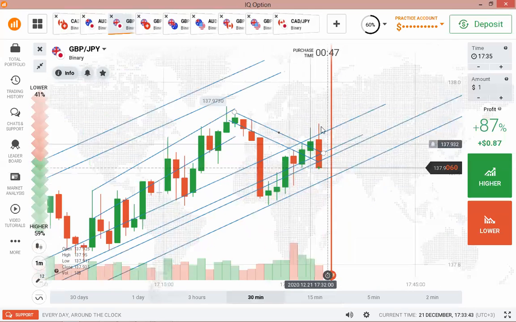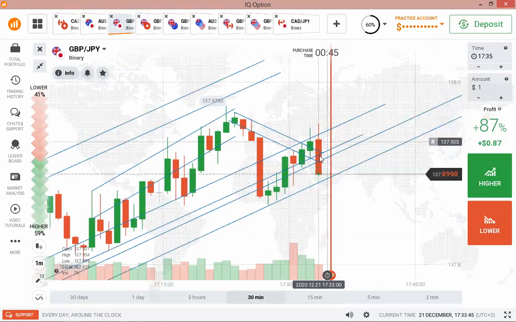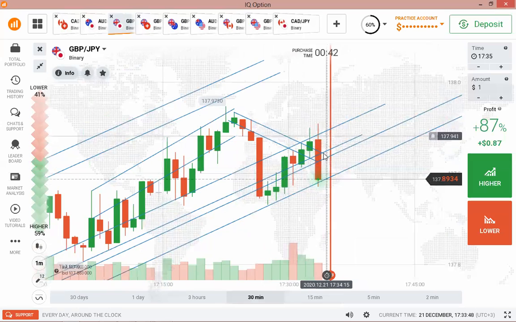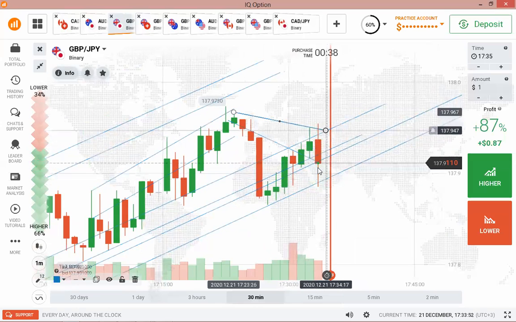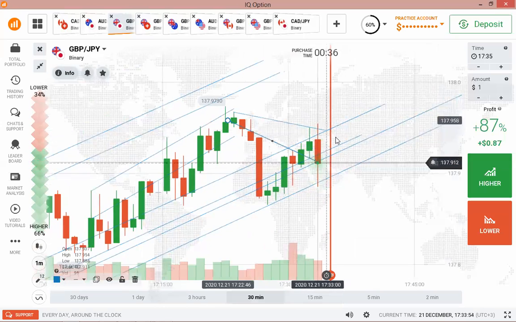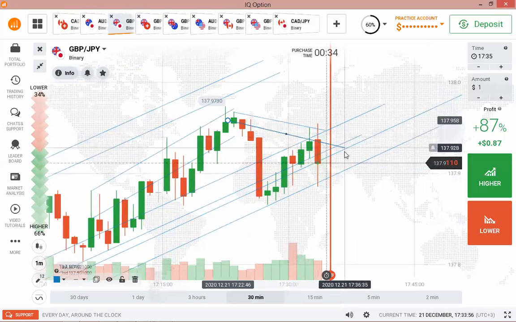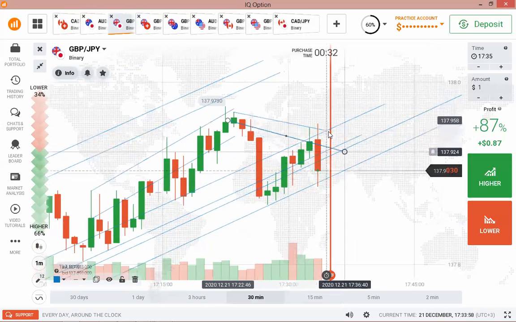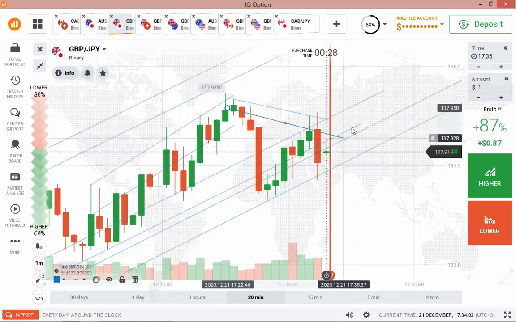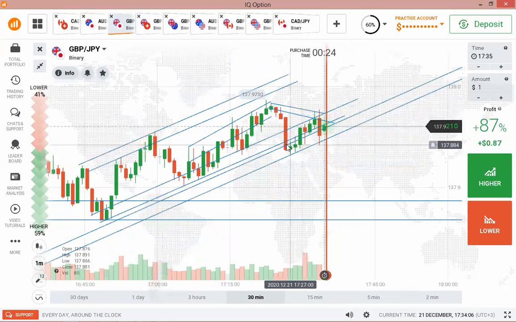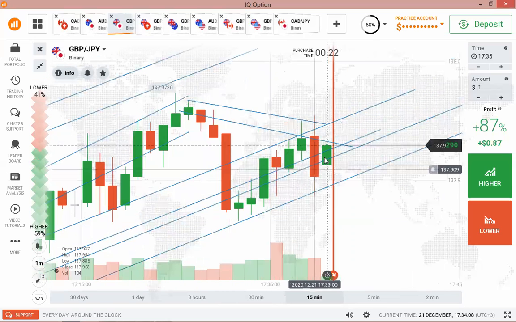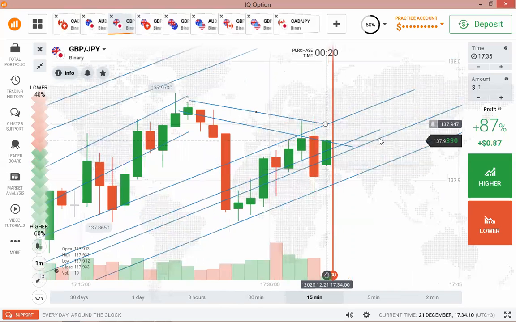Now, I have seen the green to red. That means I will extend the trend line from here to here. So this also is working at the support level, and that is why we see the market quickly make some U-turn here.